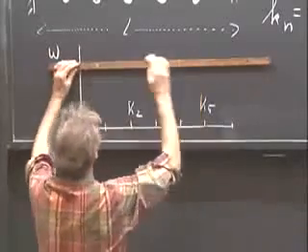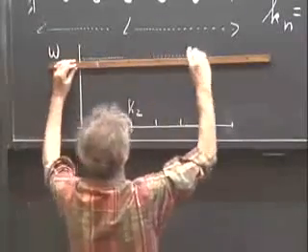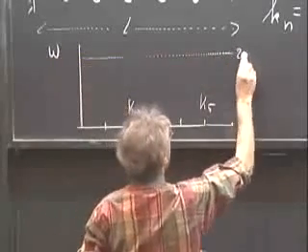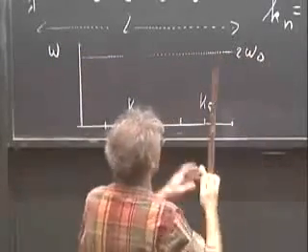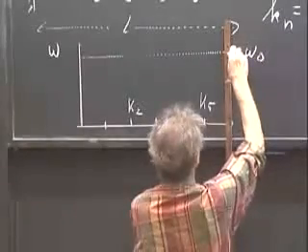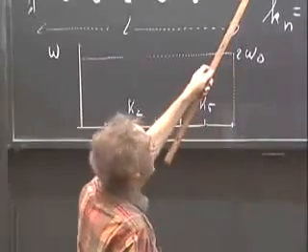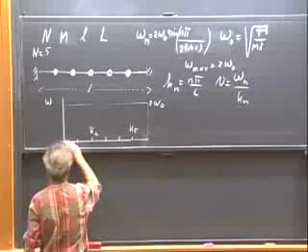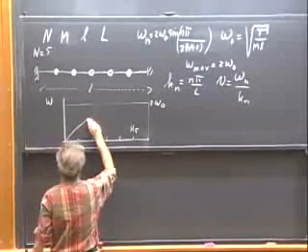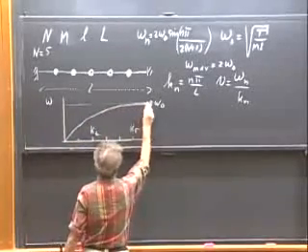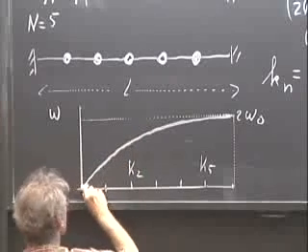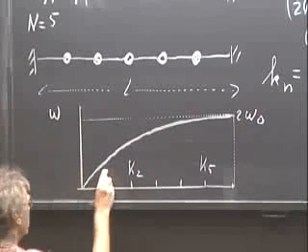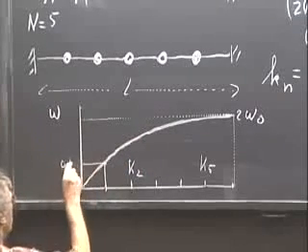And so the maximum value that omega can have is then 2 omega 0. And if I draw this curve now, it looks like this. It's a sine curve. So for k1, this is omega 1.